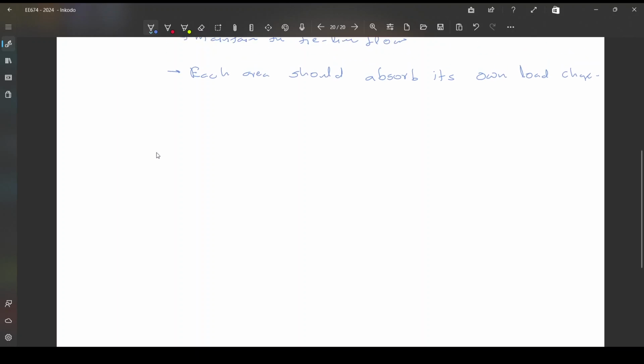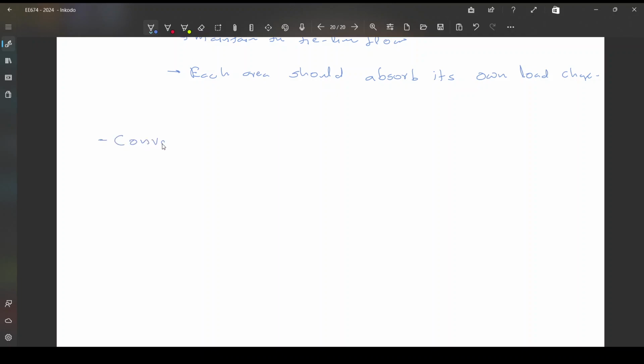Right. So the conventional load frequency control, which will be based on the tie line bias control, right? What it's going to do is that each area will try to reduce what we call the area control error, right?